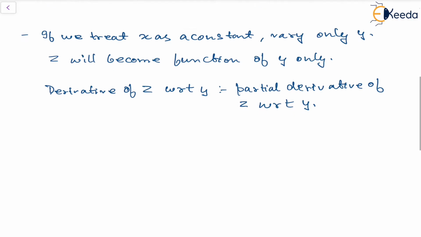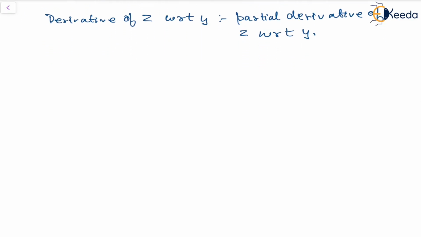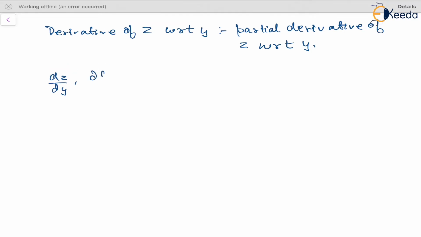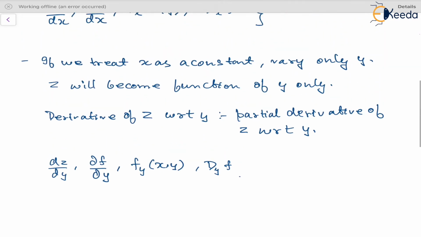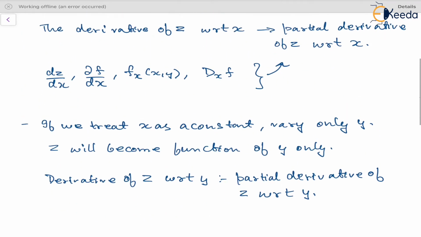And this can be denoted as, let's say, dz over dy, or dou f over dou y. It can be represented with a suffix y also. So this is how we can do it with respect to x and y, considering that z was a function of two variables x and y.